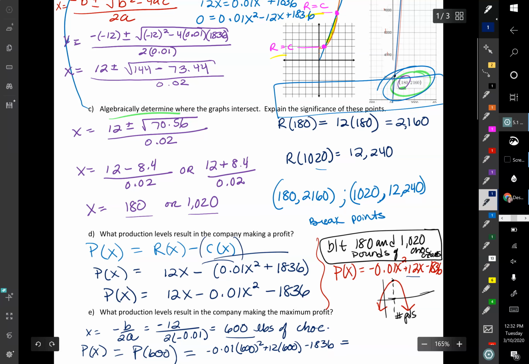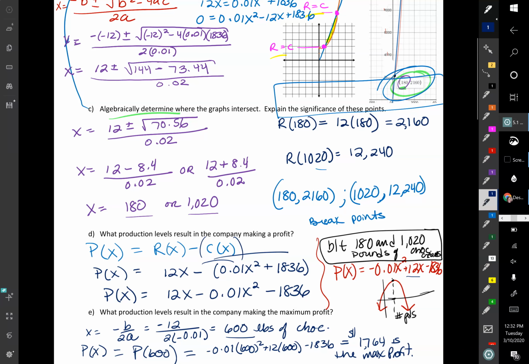So go ahead and crunch those numbers, and we'll get minus 3600 plus 7200 minus 1836, and it comes out to be $1,764 is the max profit. So a lot of steps with that one.